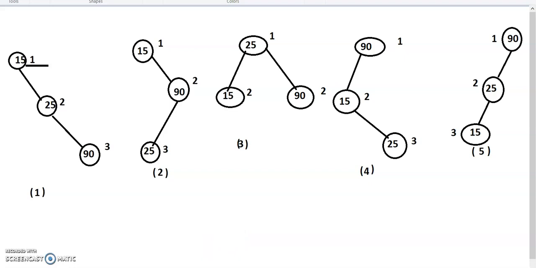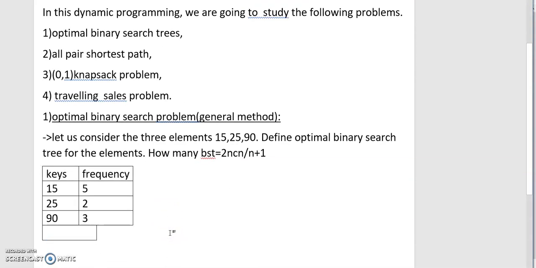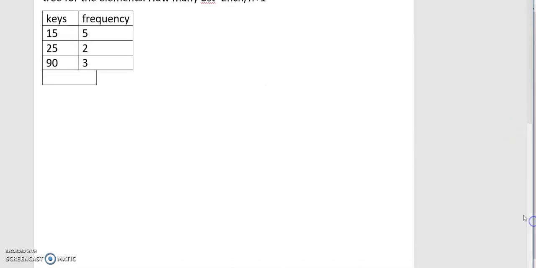Next we will see how to find the optimal solutions for these binary search trees. First we need to find it for the first tree.